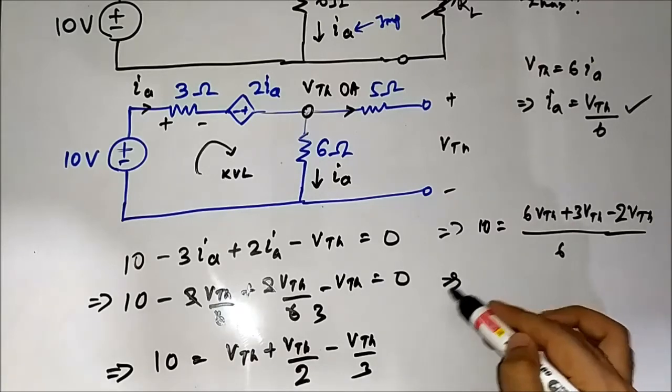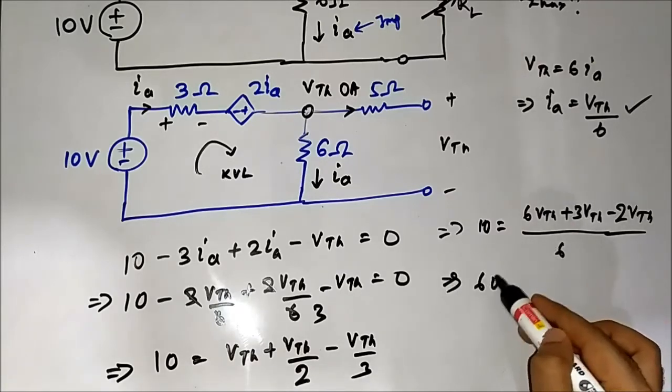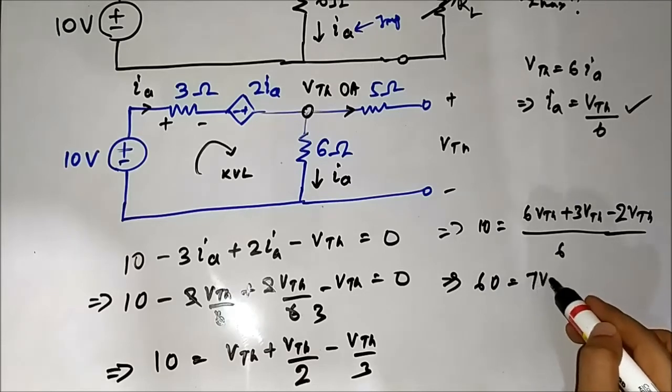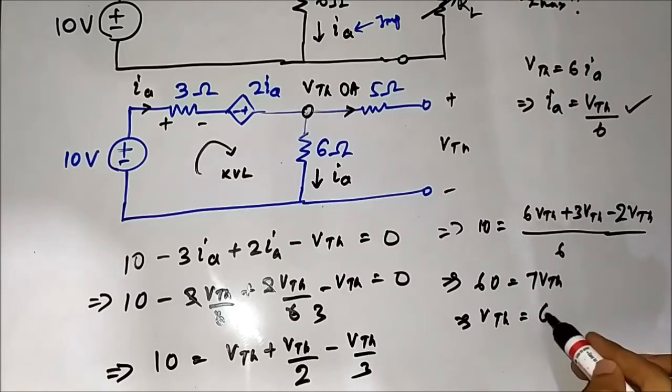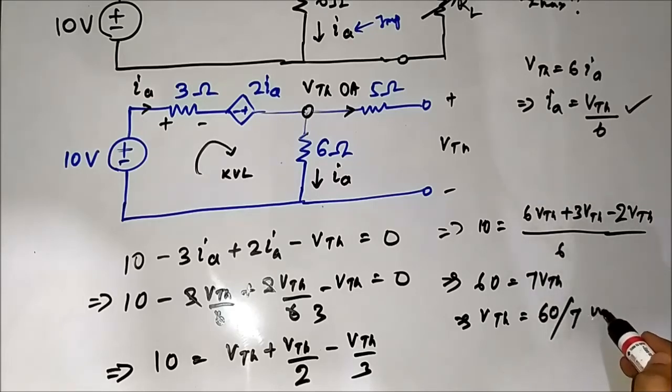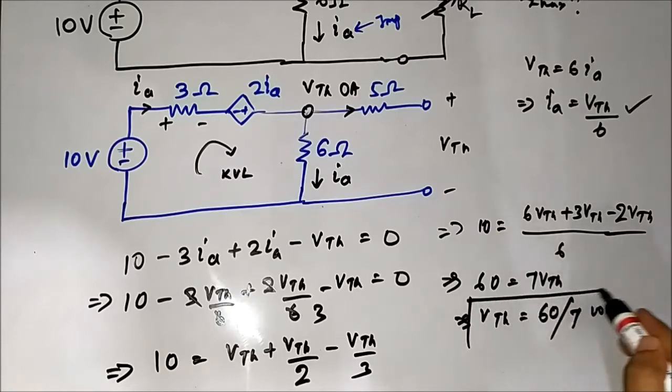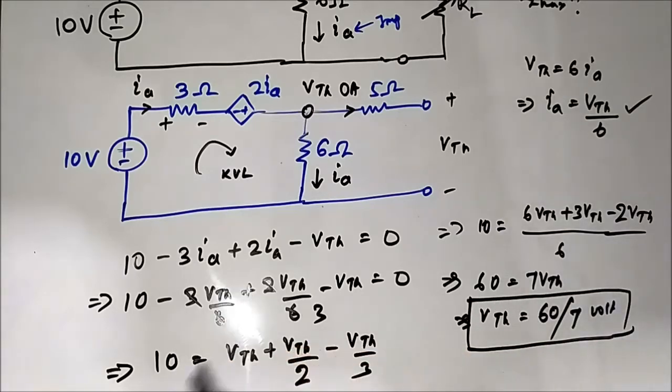That implies 60 is equal to 7 VTH. That implies VTH is equal to 60 by 7. Okay, VTH is equal to 60 by 7. So in decimal form it will be 8.57 volt. Okay, it is 8.57 volt VTH.